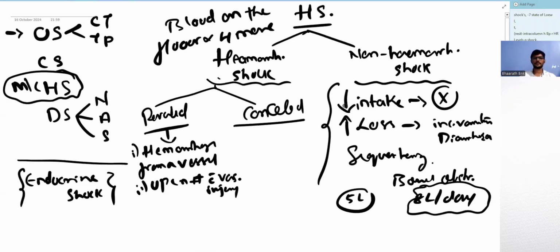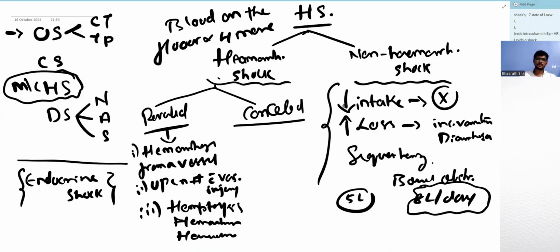Which is grade 3 in the Gustilo-Anderson classification. Or the patient is coughing up a lot of blood, hemoptysis, or is vomiting blood, hematemesis, or there is hematochezia. These are all the areas where you can see that there is bleeding from any surface.